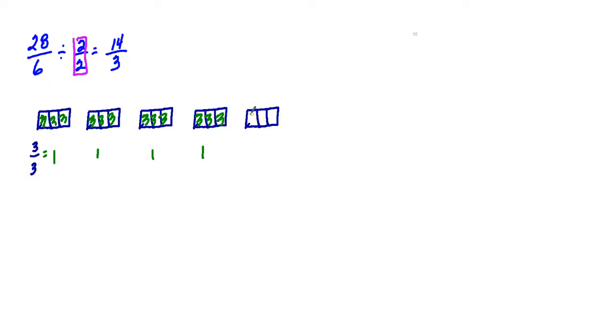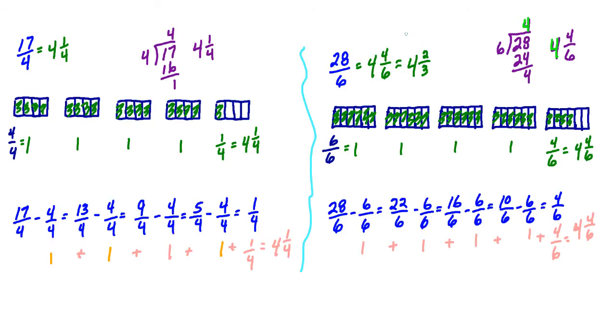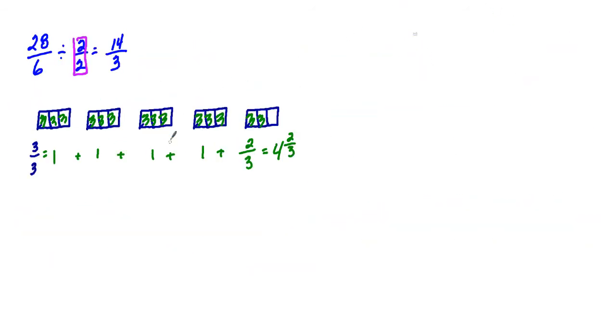There's one more. 13 and 14. The last one only covered 2 out of the 3. If I add these together, I get 1, 2, 3, 4, and 2/3. Hang on a minute. Oh, look at that, from my previous problem, 4 and 2/3.